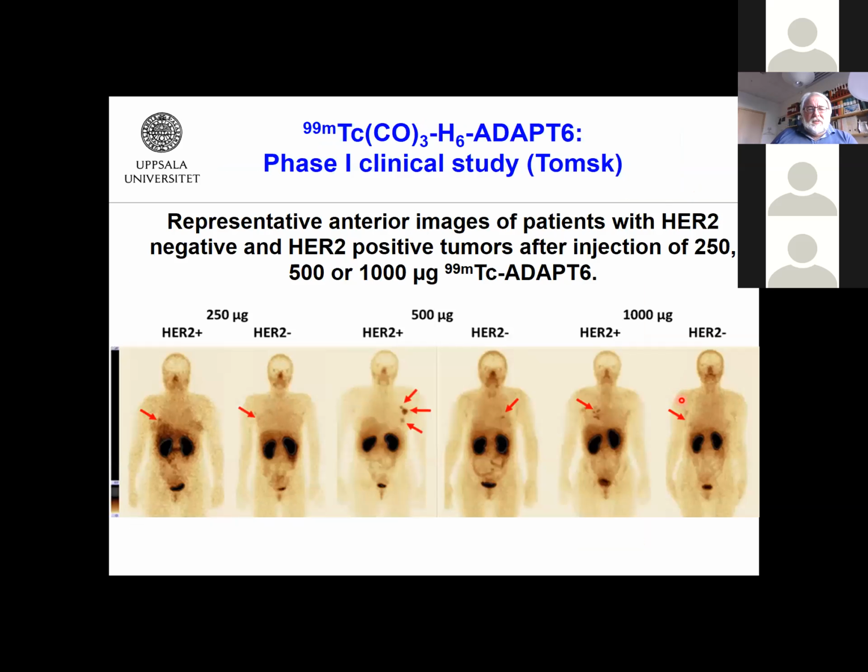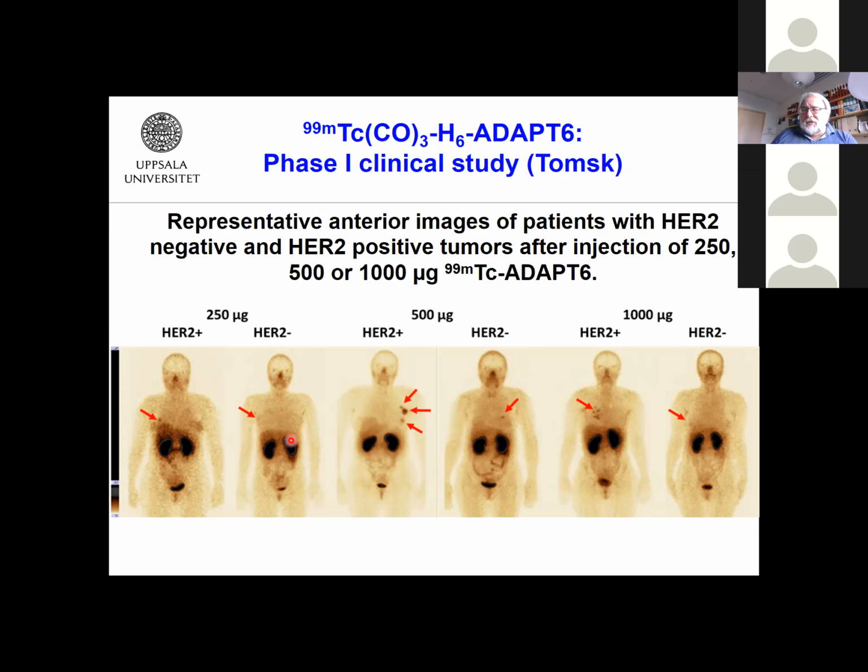We did, together with Olga and Vladimir, the full distribution. We evaluated several injected doses to find the right one. And we had the same problem as affibody, so that was HER2.